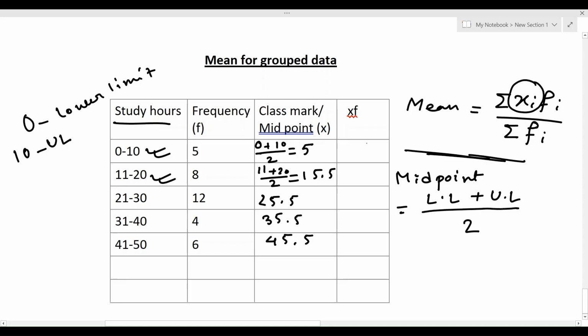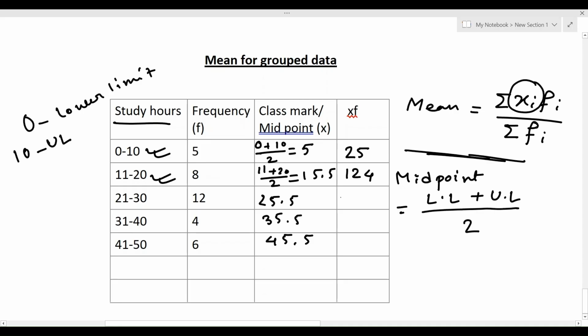The next step is we have to multiply each of these class marks with their corresponding frequencies. Here it will be 5 into 5, that is 25. For the second one, it will be 15.5 into 8, that is 124.